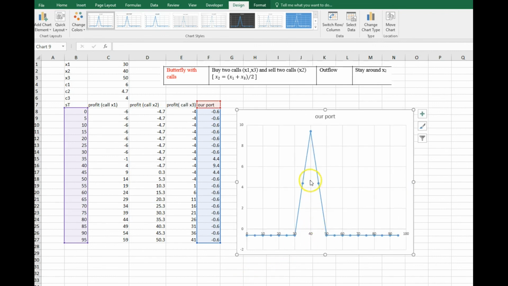So this is our profit or loss region. If the stock price is around X2, so this is 40, then we are profitable based on this trading strategy. If stock price goes up or goes down, we are going to lose our initial investment or premium.